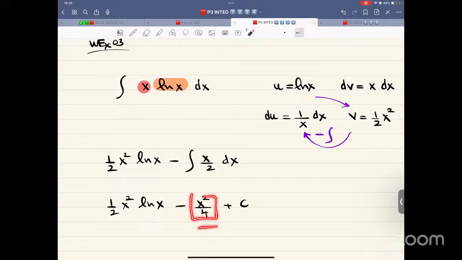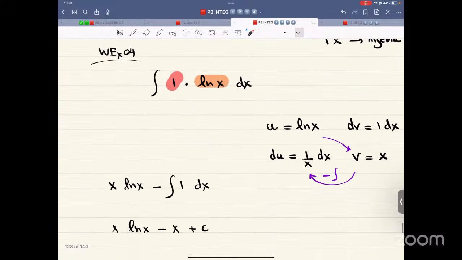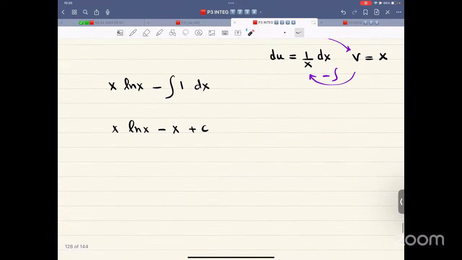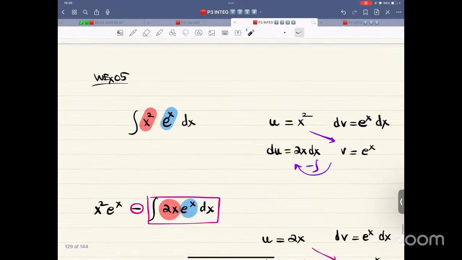Integrate it and you get this. Something like ln x all alone: u is ln x, du is 1 over x dx, dv is 1 dx, v is equal to x. So ln x into x, that is x ln x minus integral of 1 dx. One integration will give me x.